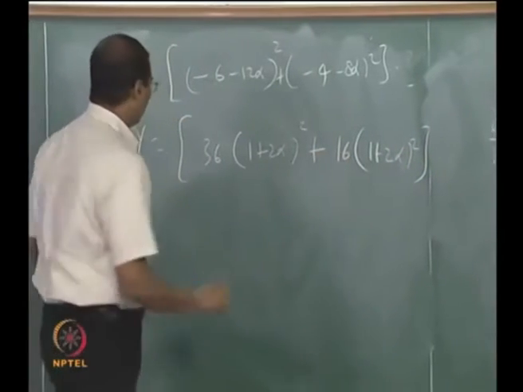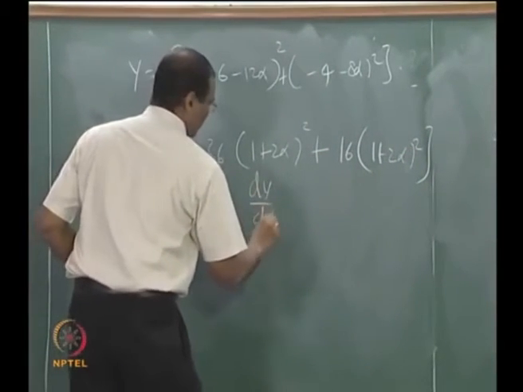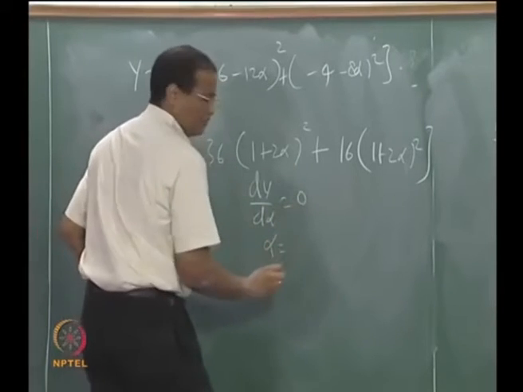Don't worry about all this. Then dy by d alpha equal to 0, alpha equal to minus half.